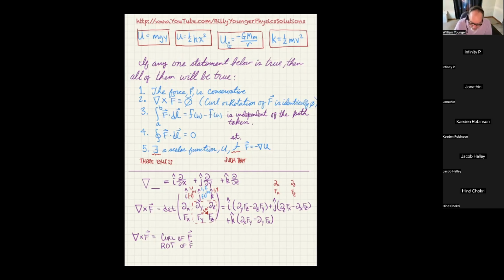If you want to see why mg worked and gave us a scalar potential mgy, then you can just do this. Let's say example. Okay, so we're going to say the determinant of i hat, j hat, k hat, and then partial x, partial y, partial z.